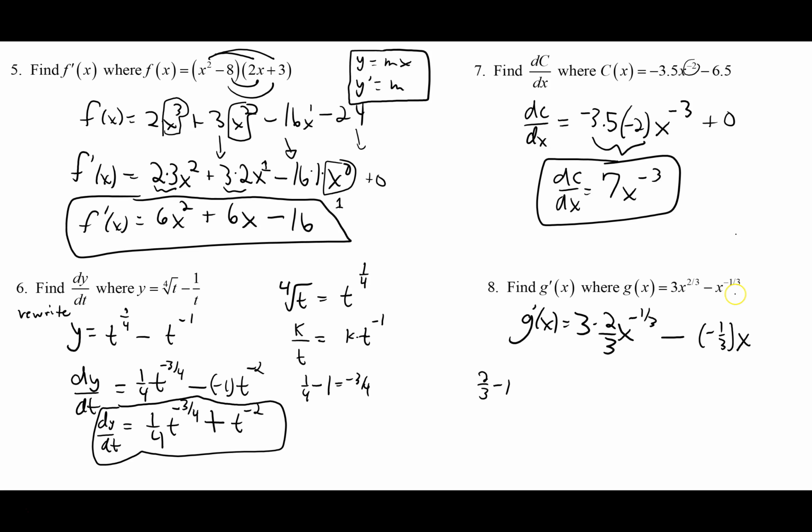Don't forget though, you got to take x to the -1/3. Take away 1 is -4/3. Simplify. So your derivative, cancel those 3's, 2x to the negative 1/3, and let's go ahead and call this plus 1/3 x to the negative 4/3.